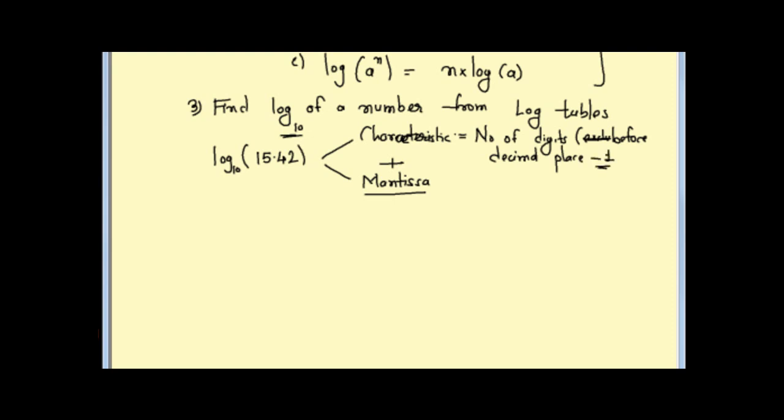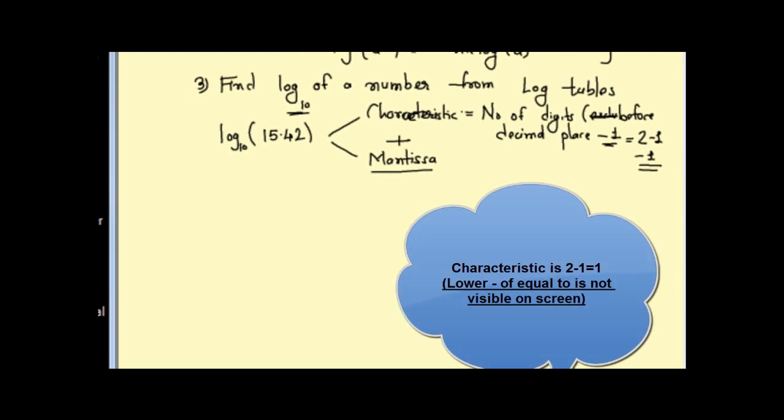In this case we have two digits, 1 and 5, 15. So characteristic will be 2 minus 1, that is equal to 1, right?